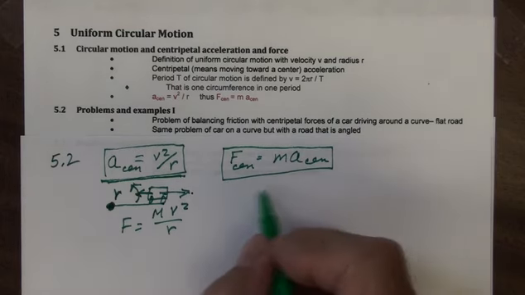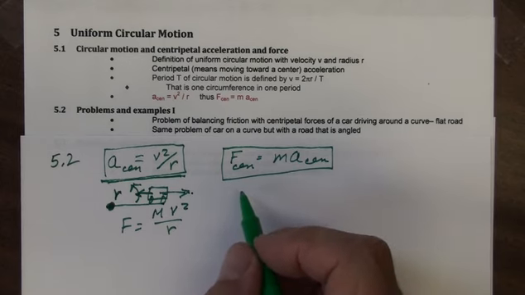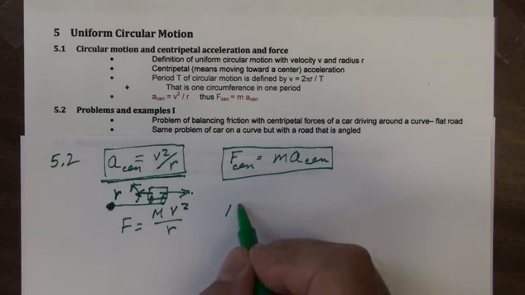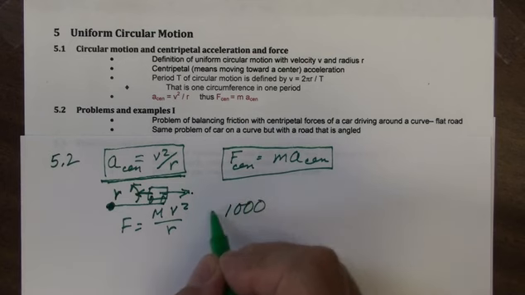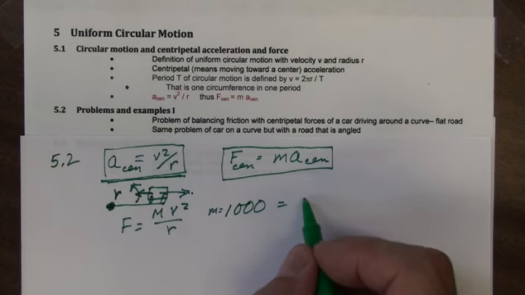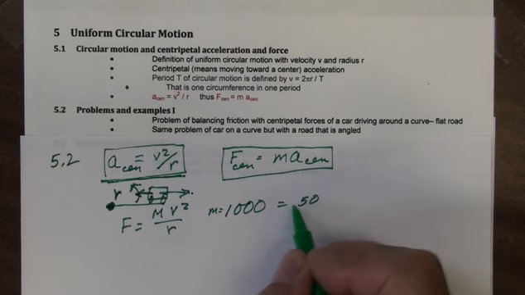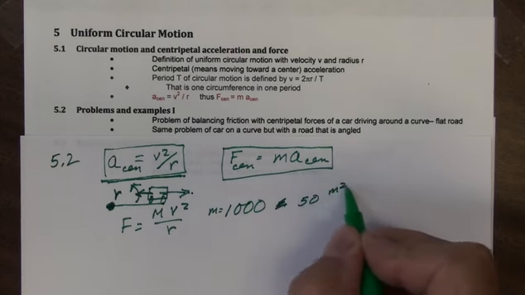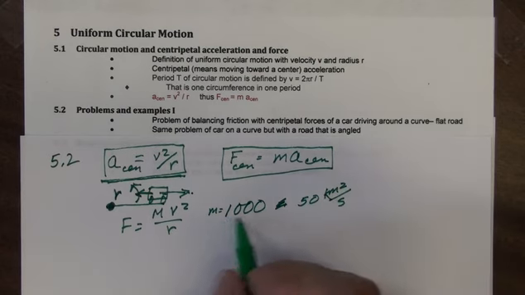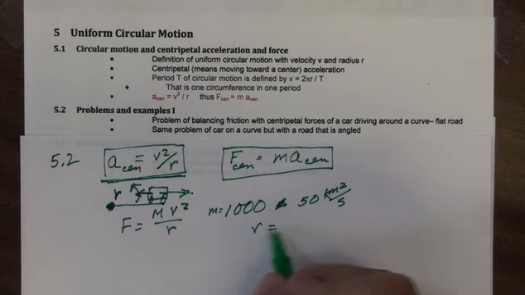So if we have a car that has, well, let's say 2,000 pounds, that would be 1,000 kilograms. So we might have a mass of 1,000 kilograms. And we might have a velocity of 50 kilometers per second for the car, and a radius of, let's say to make it simple, 100 kilometers for this circle.